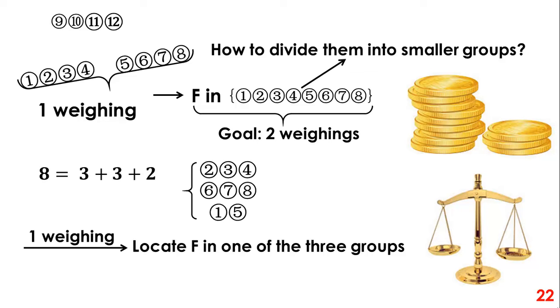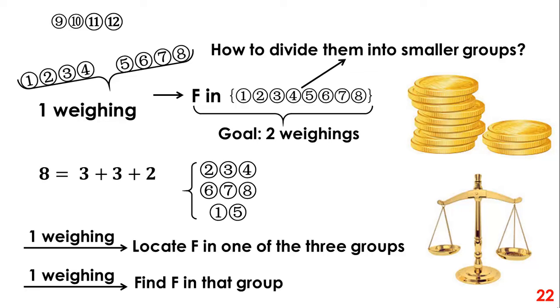Then, with the second weighing, we find F in that group. But that can be done, we already studied it and have that result. So the main step is to locate F in one of the 3 groups in one weighing. That's our next step.